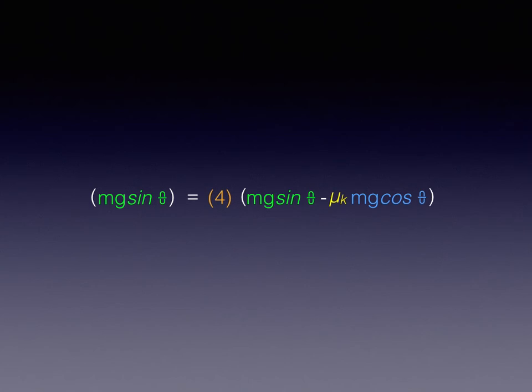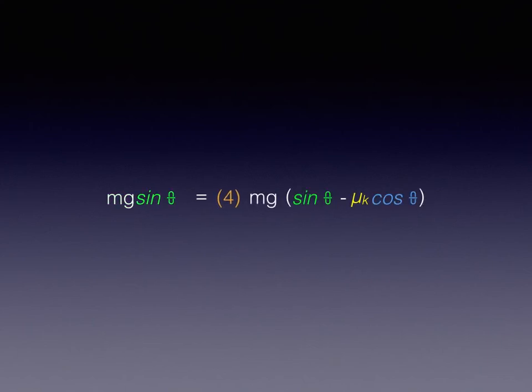Now look, everything that's in our brackets on both sides is basically multiplied by mg. We could really factor that out. Let's factor out the mg on the left-hand side and factor out the mg on the right-hand side. So that comes out front right there. What can we do with that? Well, that too can get canceled out because it's the same on both sides.